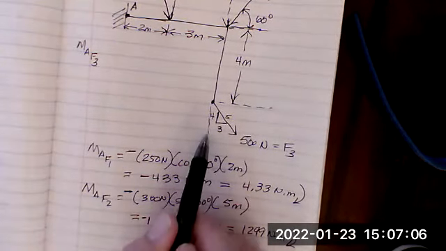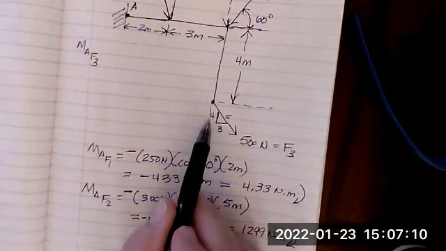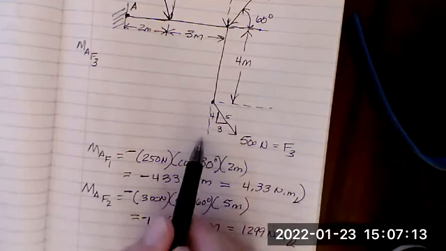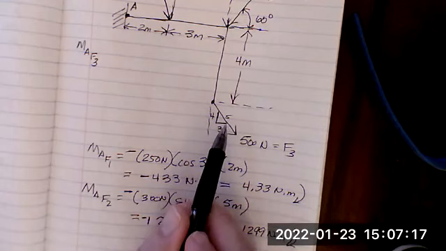Both of these components contribute to the moment. The horizontal component does, and the vertical component. However, one is clockwise and one is counterclockwise.